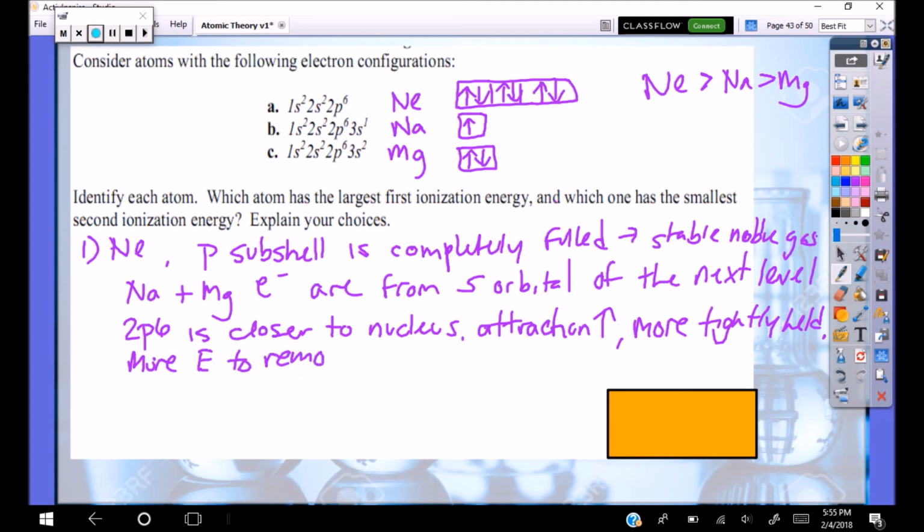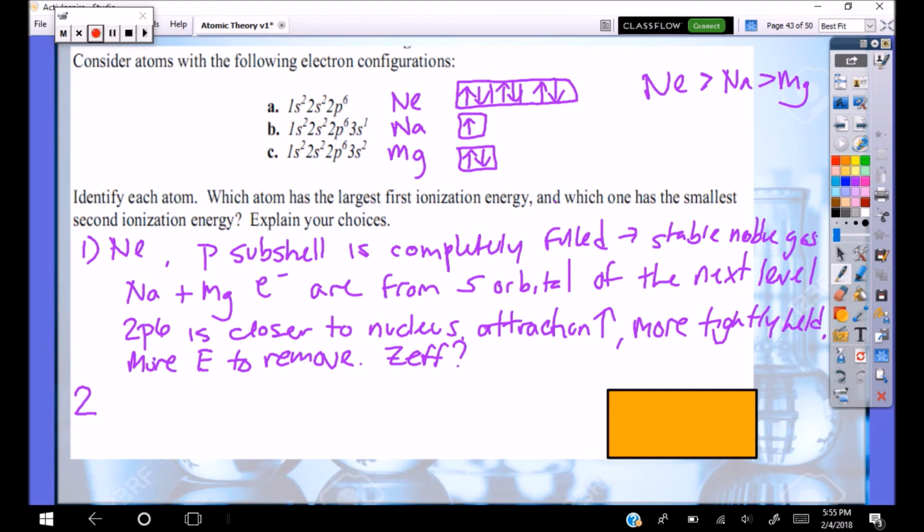You could even talk about Zeff here a little bit. So consider Zeff. You have a greater effective nuclear charge for neon compared to sodium or magnesium, which are group 1 and 2. So there's more positives.